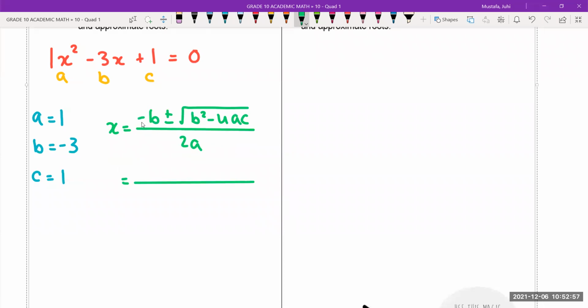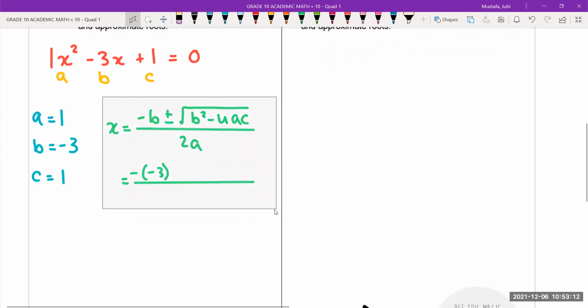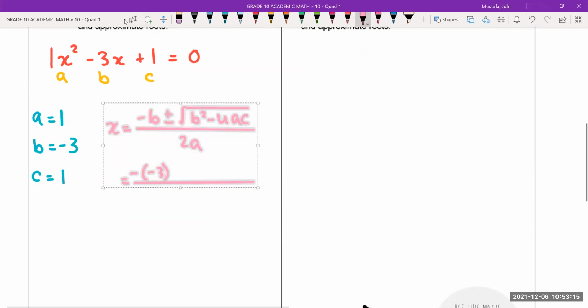All right, negative b. Now there's a negative sign here and our b value is negative. So I actually have to include both the negative signs. It's going to be minus negative 3, or negative negative 3. Then we're going to have our plus or minus sign.